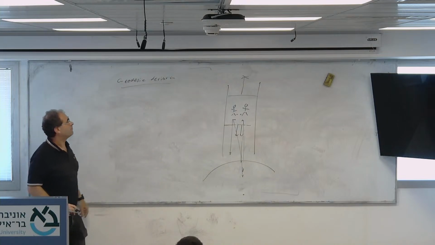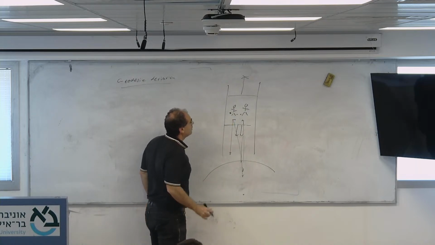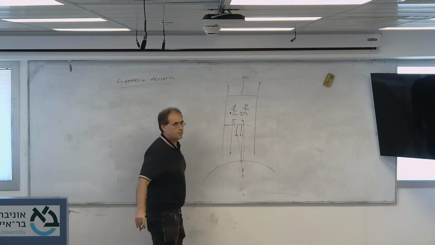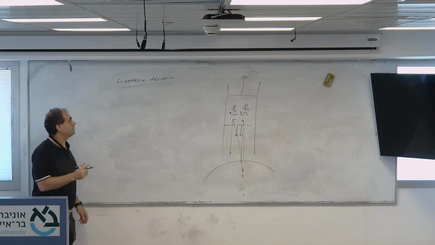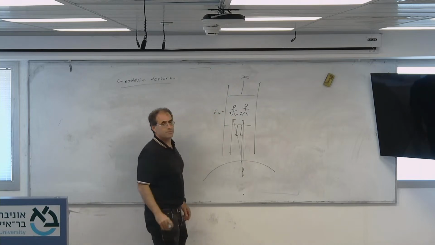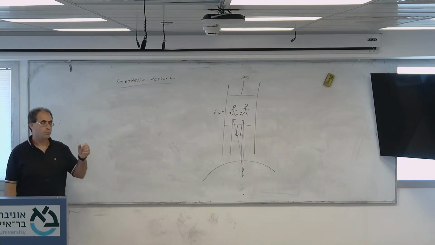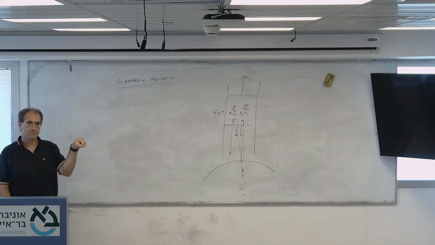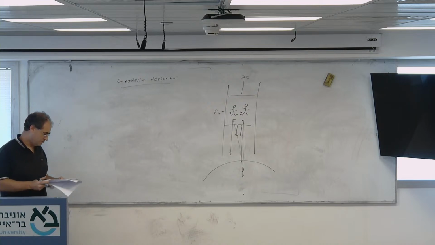The idea is that I have a particle somewhere here, and I have another particle nearby at some location delta x from it. And then I can calculate what will be the change of delta x. It's a technical calculation. It's not too long, but I don't want to spend time on that right now.